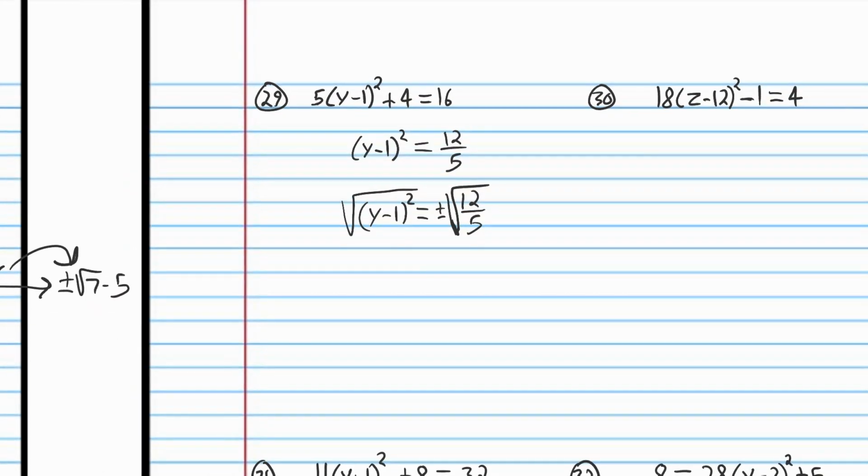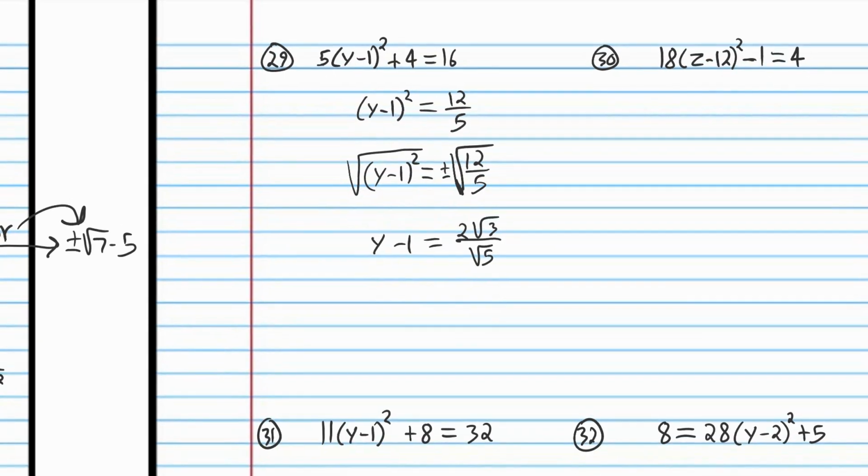And we get y minus 1 is equal to, we have to simplify that, so we have to pull out a perfect square in the numerator. So it becomes 2 root 3 over root 5. And we're going to multiply both sides by root 5 to rationalize the denominator. So we get 2 root 15 over 5.